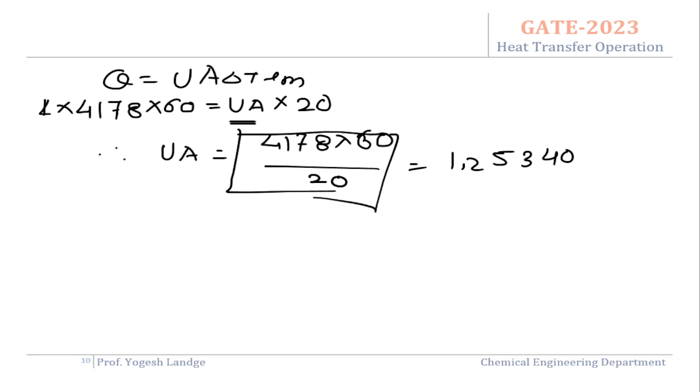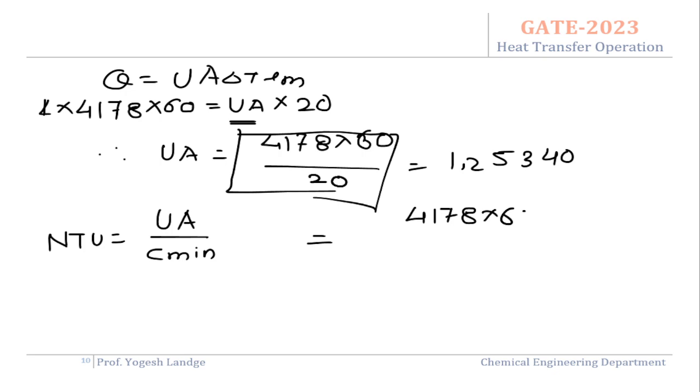Now let's remind ourselves of the NTU equation. What is the NTU? NTU equals UA divided by C minimum. Now what is the value of UA? We have UA as 4178 into 60, upon 20, divided by C minimum.